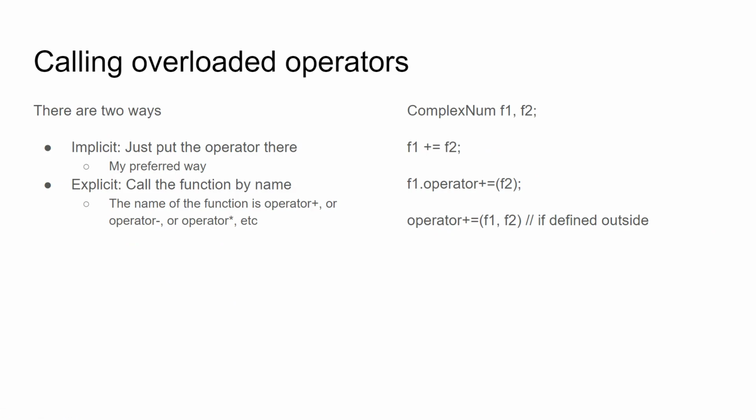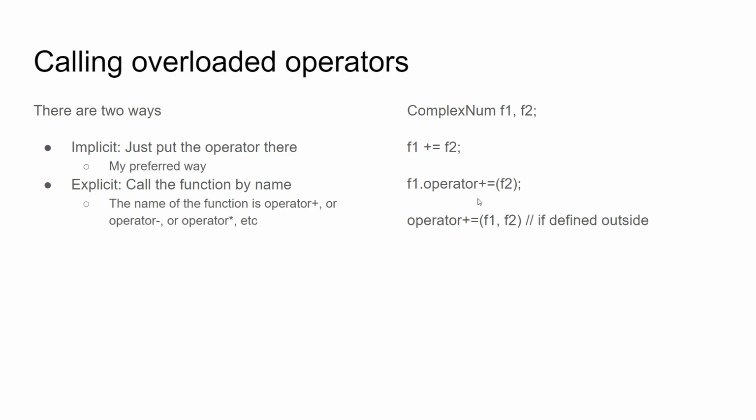If you want to call the overloaded operators, there are two ways of doing it. You can just do plus equals or times equals or minus equals or whatever way you've defined it, and it'll work. Or, explicitly, you can call it by name. So we can do f1 plus equals f2, or we can do f1 dot operator plus equals f2.